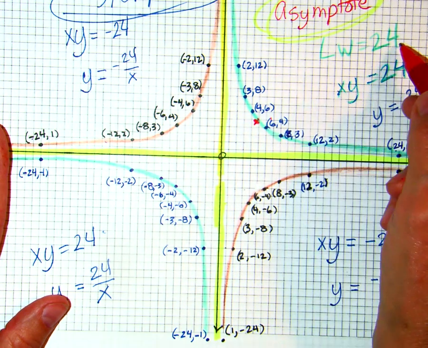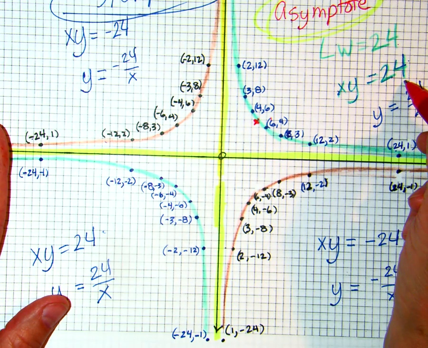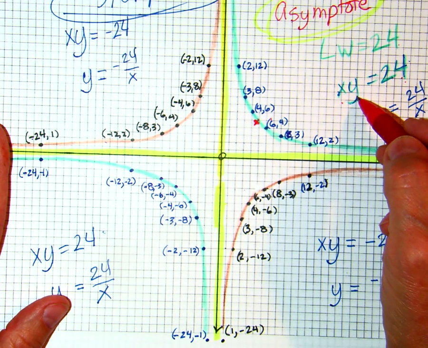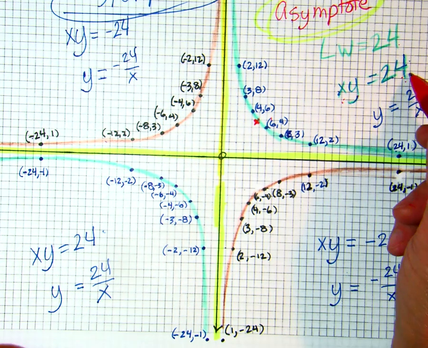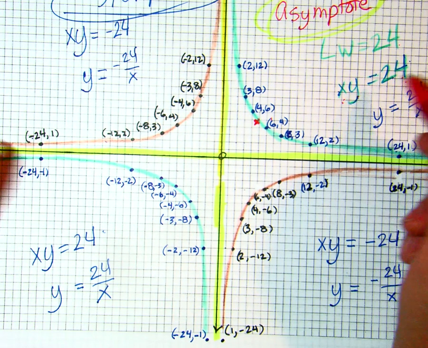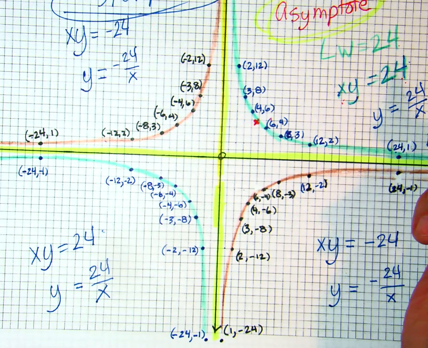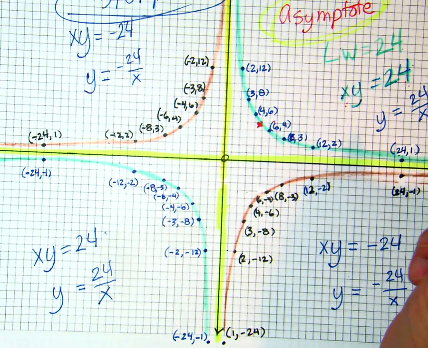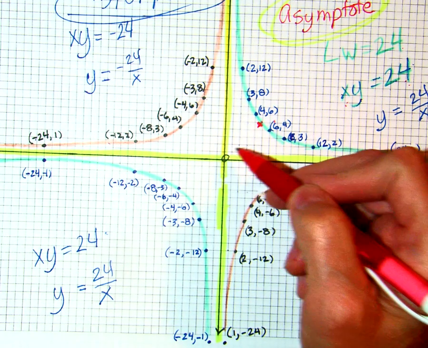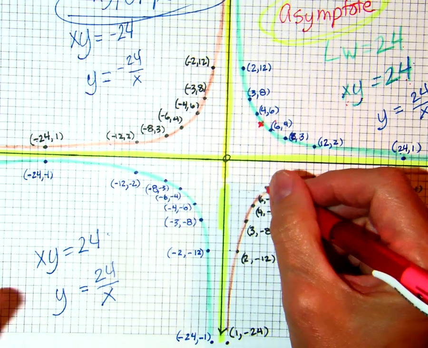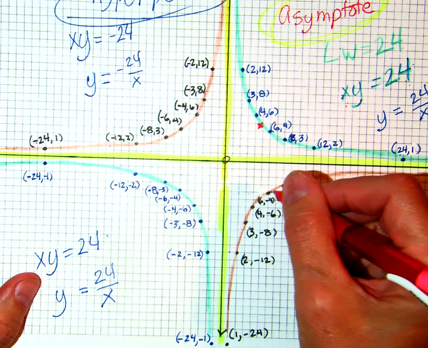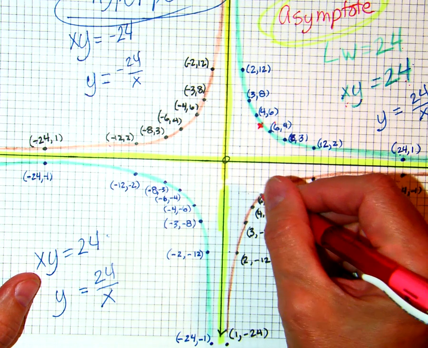Wait, x times y is 24, and if they're the same thing multiplied by each other, then that would be x squared equals 24, and x equals the square root of 24. Yeah, that makes a lot of sense. Notice that this is the point that is closest to the origin. Well, what about over here? That's going to be almost negative 5 and almost negative 5, right? So that's going to be right here.